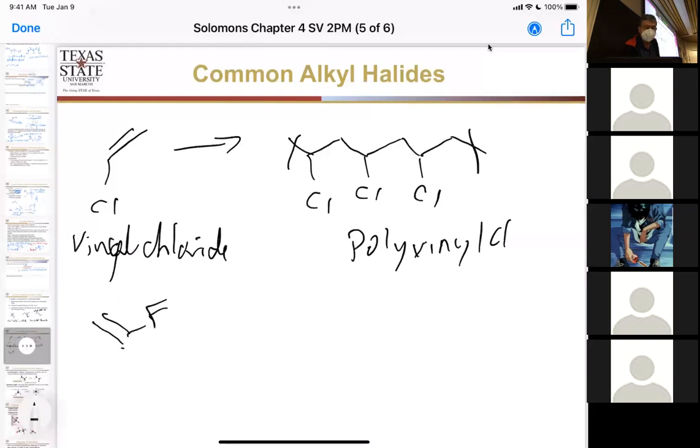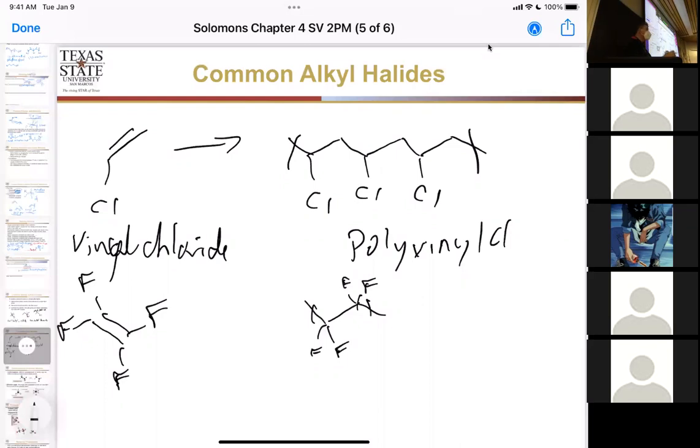And one of the other things we can do is if we put 4 fluorines on here, we call this tetrafluoroethylene. And if we do the same thing where we make a polymer out of it, it's called polytetrafluoroethylene, or PTFE, or trade name is Teflon.